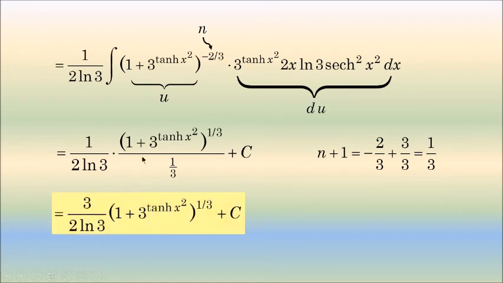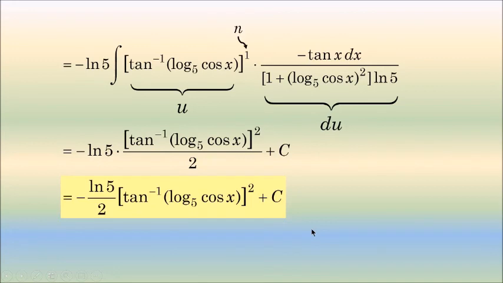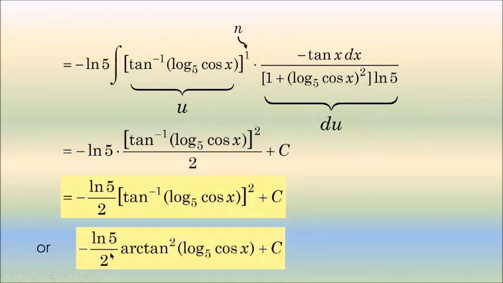So simplifying, we get 3 over 2 ln 3 times 1 plus 3 to the hyperbolic tangent x squared quantity to the 1/3 plus c. So this is the integral.